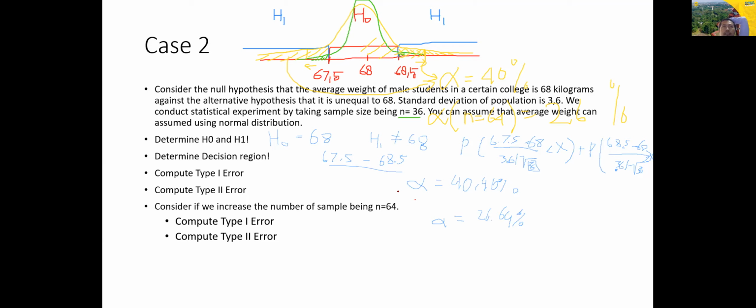Jadi ketika kita misalkan menggeser critical value-nya, ini berarti area H1-nya menjadi lebih besar. Ketika area H1-nya lebih besar, maka error-nya nanti menjadi lebih kecil. Tapi ketika semakin besar di sini, apa yang terjadi? Toleransinya makin besar terhadap 68 itu makin luas.